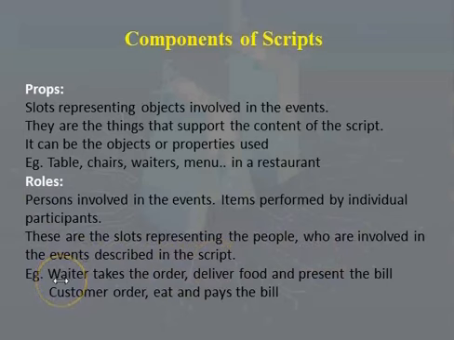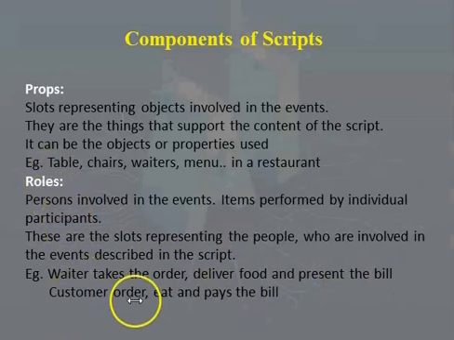Example: a waiter in a restaurant is a person who has a role. The waiter takes the order from the hungry person. So taking the order is the role to be performed by the waiter. Then he delivers food and presents the bill. All these are the actions or roles to be performed by this person.